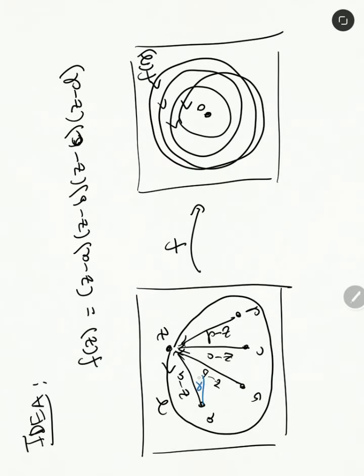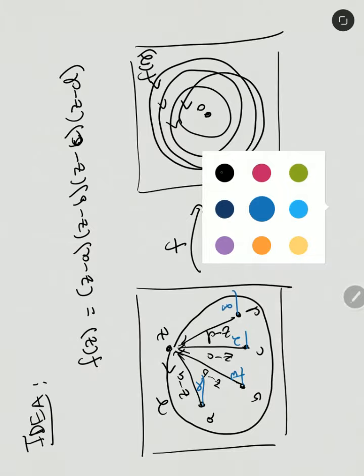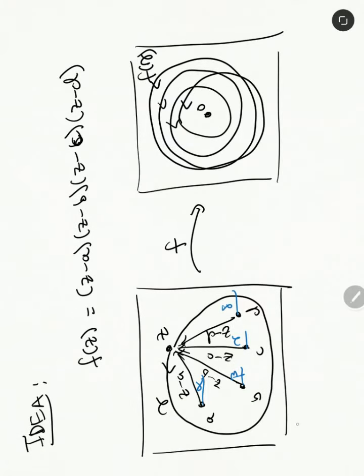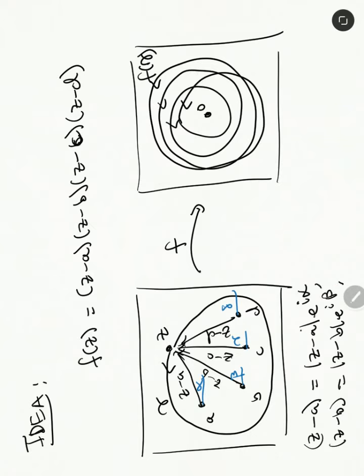There's this angle alpha, this angle beta, this angle gamma, and this angle delta here. So what I'm really writing is that, for example, z minus a is equal to some magnitude times e to the i alpha. And z minus b is the magnitude times e to the i beta, and so on and so forth.